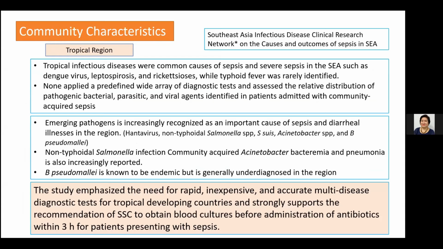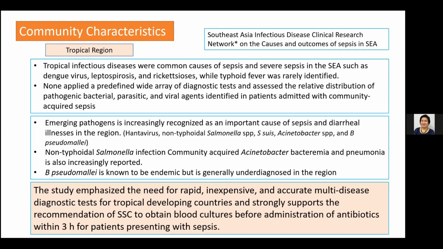The study of the Southeast Asia Infectious Disease Clinical Research Network on the causes and outcomes of sepsis reported the geographical disparities in the tropical region. The study showed that tropical infectious diseases were common causes of sepsis and severe sepsis in this region. Several studies examined causes of fever and bacteremia in the region.